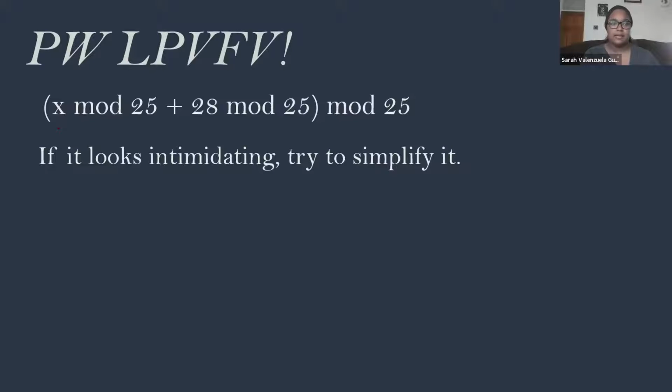We can see that x mod 25 plus 28 mod 25, all mod 25, can be a little bit simpler. x mod 25 cannot be simplified anymore, so it's just going to be x mod 25. Then 28 mod 25 can be simplified as 3 mod 25. So then we have this, and all of it mod 25.